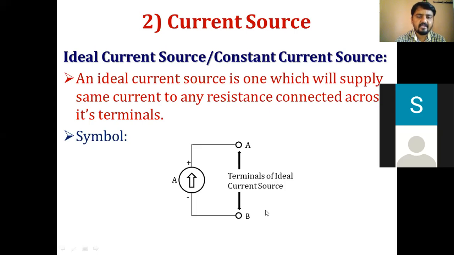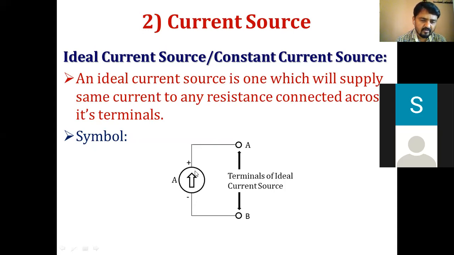So this is the ideal current source. Comparing with the voltage source, there is no difference in the circle. Also in the circle we have marked positive and negative, and we have written V, that is voltage source. But in this circle we are showing an arrow, which indicates the current direction. Current is flowing in the upward direction to the AB terminal and comes back in the opposite direction.